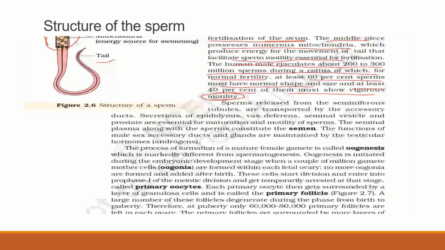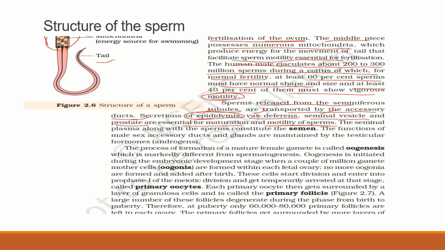Sperms released from the seminiferous tubules are transported by the accessory ducts. Secretions of the epididymis, vas deferens, seminal vesicle and prostate are essential for the maturation and motility of the sperm. If you have not gone through the structure of the testes, it will be very difficult to know these parts, so please go through that.